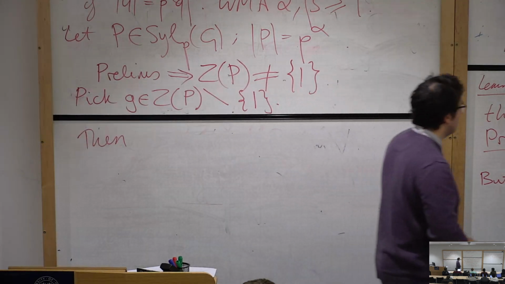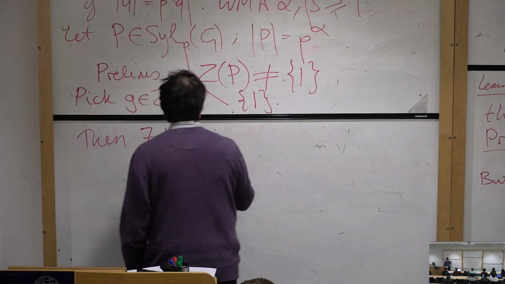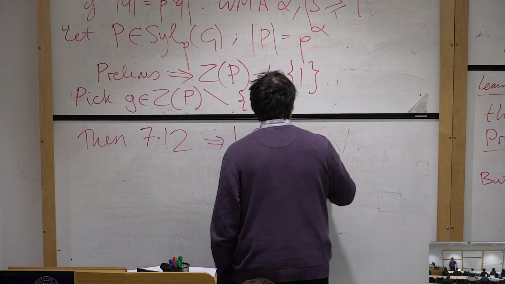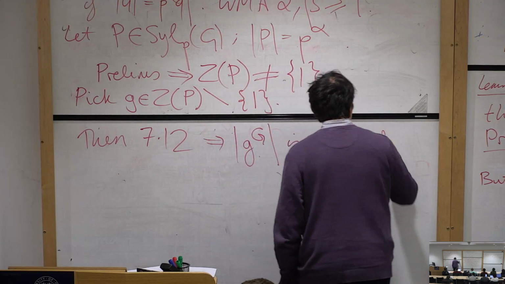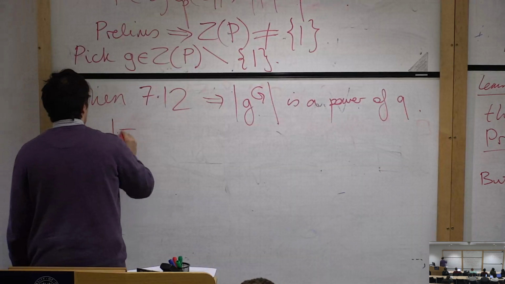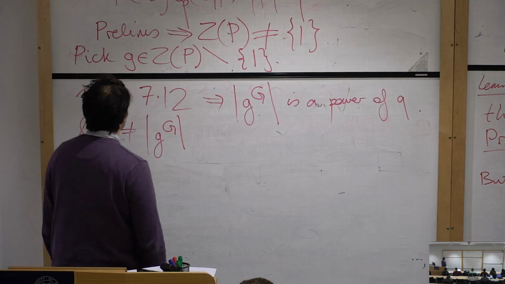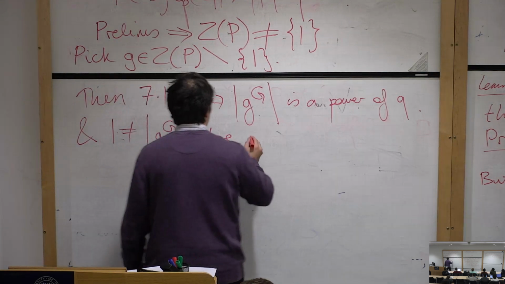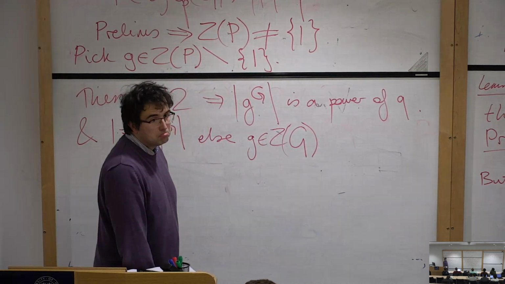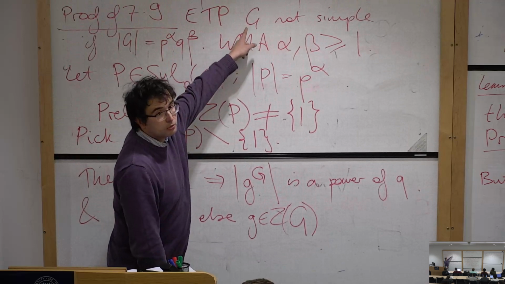Then we've got this theorem, number 7.12, tells us that its class size is a power of q. And it can't be a trivial power of q, because if it was, then this element would be central. And then we're done, right? Anyway. Got a non-trivial central element, then G is not a finite simple group.